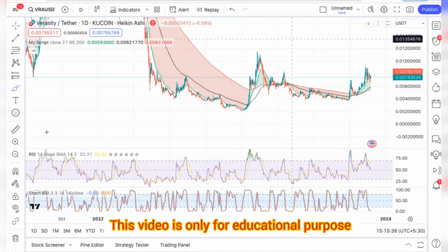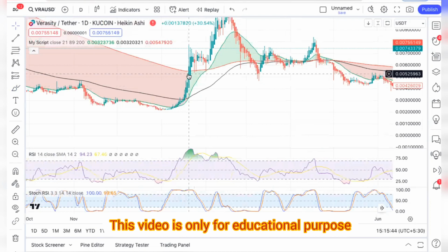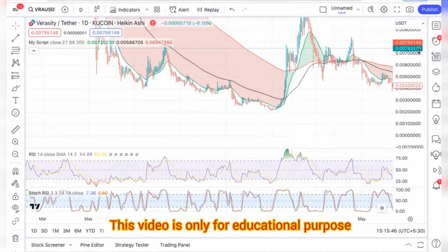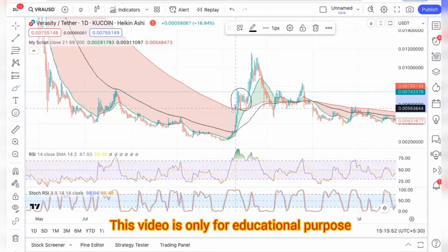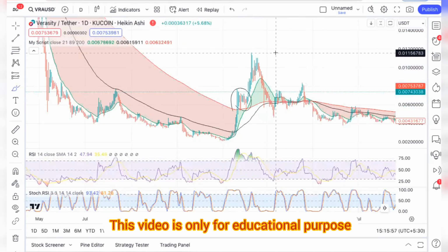The red line that you see is the 200 moving average, and eventually we broke out in January of this year and we saw a huge impulse on the upside. This was a bull flag, and we saw an impulse on the upside where we retested the range high.